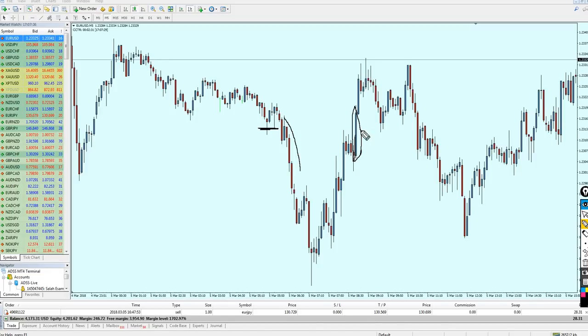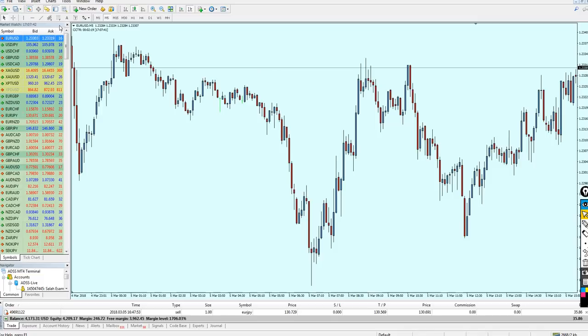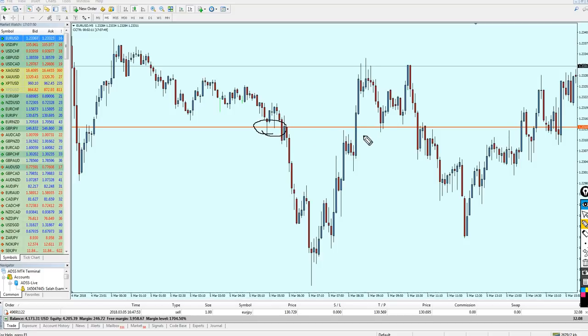So after the breakout, we can see the continuation. Now the same level has become a support again, exactly. So this support level here, after the breakout candle, has become another support at exactly the same level.